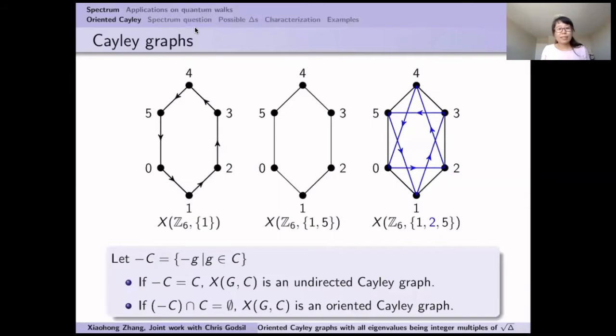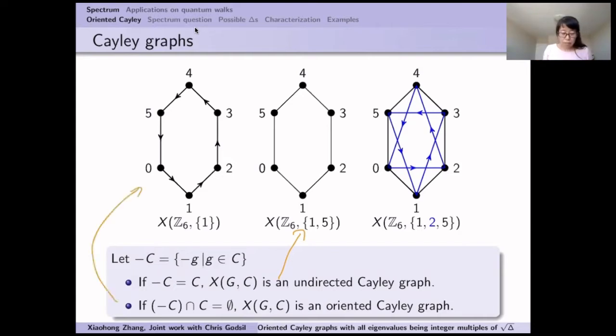How the three types are determined by this connection set C. If we negate all the elements in C and denote the resulting subset as minus C, the first possibility is that the two sets are identical, just like this case. We will have an undirected graph. We just call it a Cayley graph. On the other extreme case, C and minus C are disjoint.